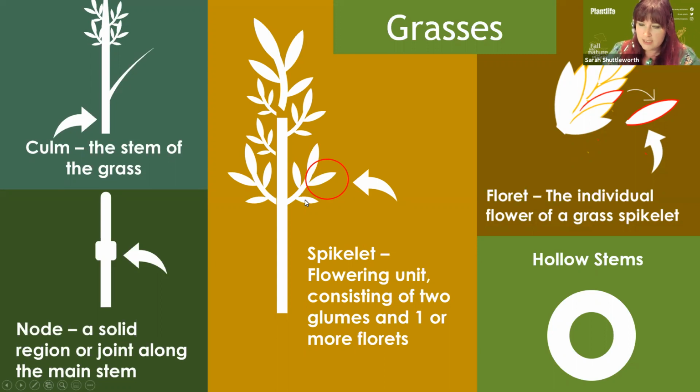Now, for anyone that attended the Classes for Grasses webinar or would like to watch it again on YouTube now that it's up there, I go into far more detail about some of these individual anatomy parts of the grasses. But just to cover this basic part, I'll just explain that the spikelet is this whole unit here, and then we have the glumes down here, and then the individual florets. Now you could have one floret or you could have more than one floret, but that is the whole flowering unit. And generally speaking, we have the hollow stems as well.